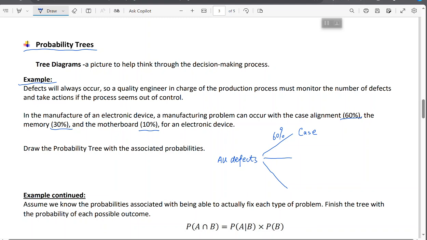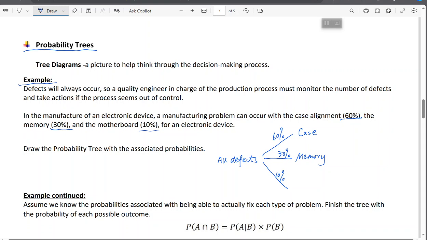And then the other case is a 30% chance to be a memory problem, right? And then the other 10% will be the motherboard problem. We use MB for short. All right, so we divide all the defects into three subgroups, and you can see that the 60%, 30%, and 10% sum together to 100%, right?